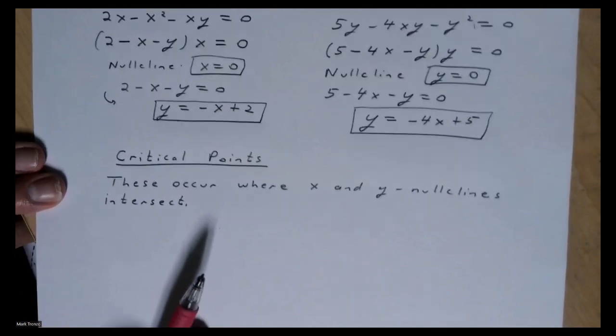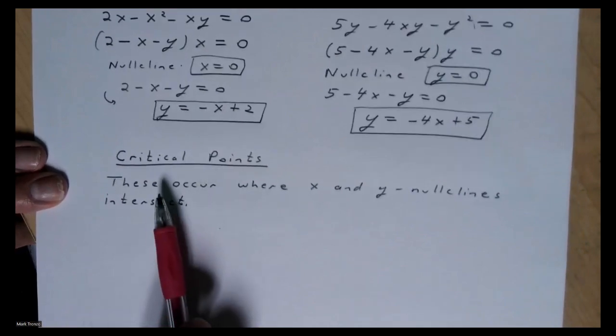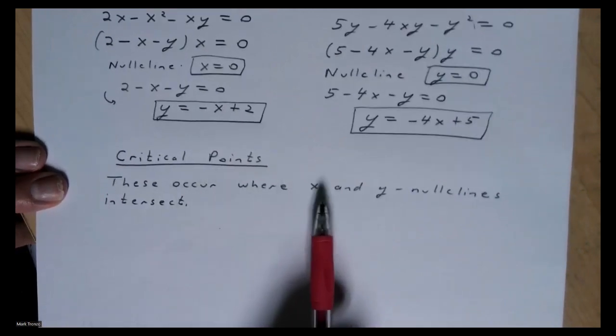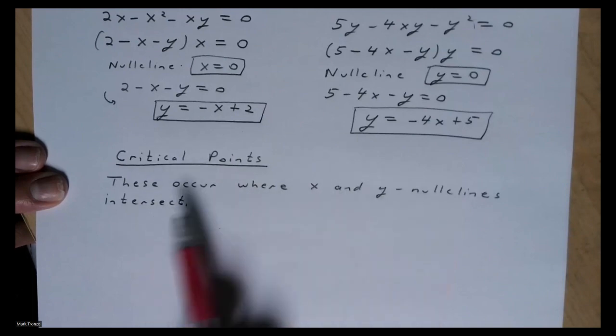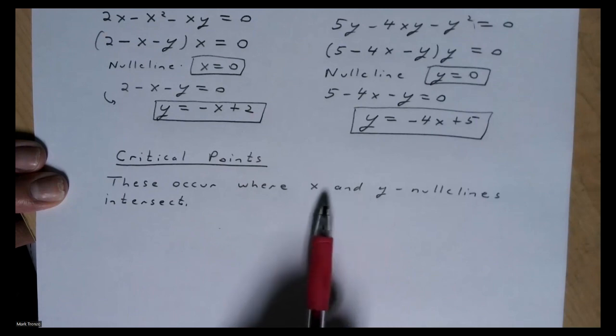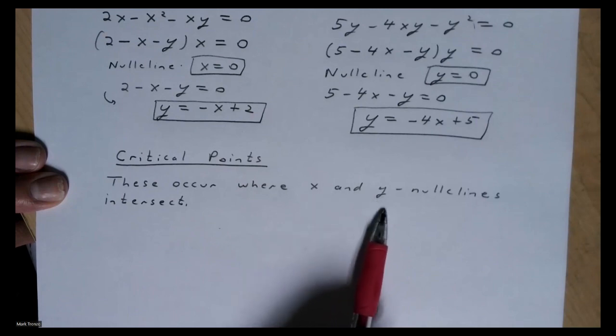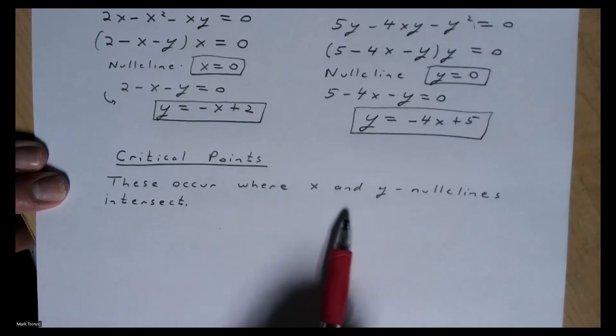Then the critical points occur where the x and y nullclines intersect. It's important to notice that it's where an x nullcline and a y nullcline intersect.